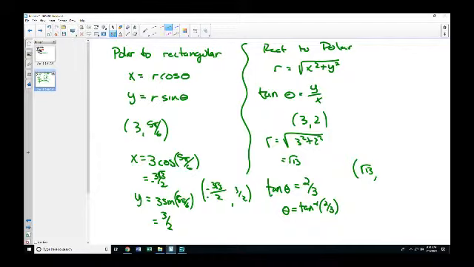Good. 0.321. Okay, there you go. Keeping in mind that is not x, y, that's r and theta.